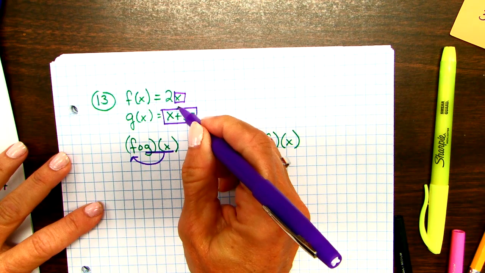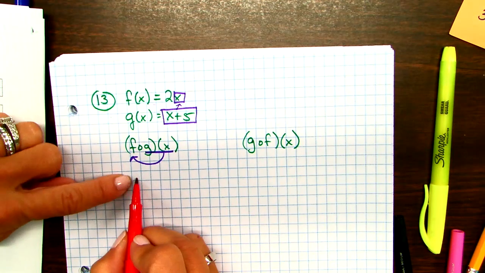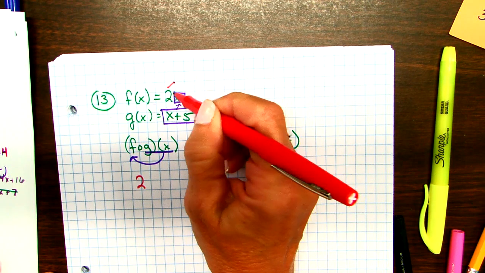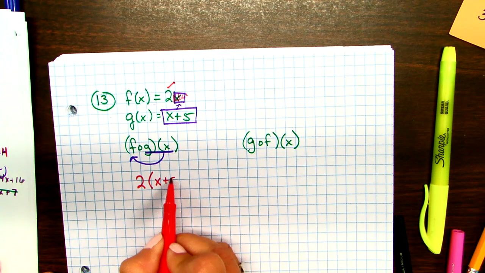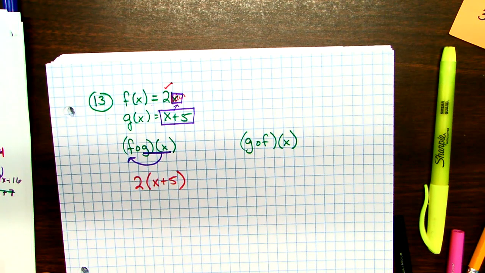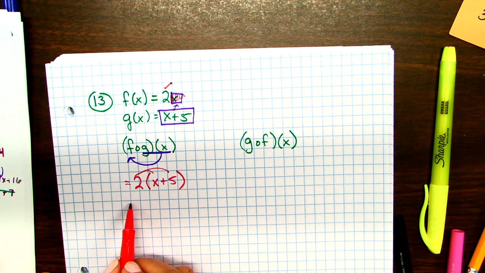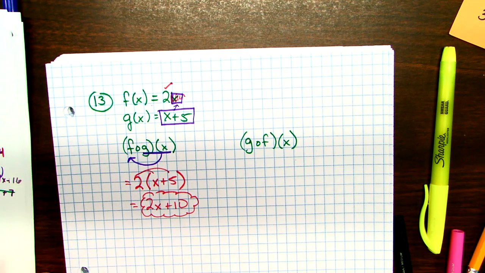So I would have 2, that's this 2 right here, and instead of this, bye-bye, goes that. And then I simplify it. Distribute. And that's the final answer for f of g of x.